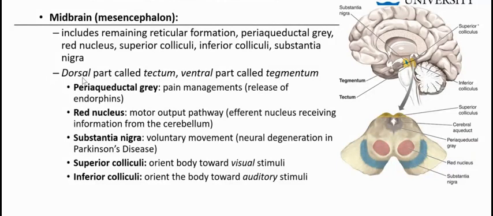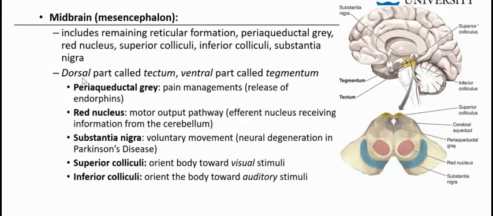Now I just want to talk a little bit about the substantia nigra. I think you guys learned this during the pre-recording. It is associated with Parkinson's disease. So we have neurodegeneration, and when it occurs in the substantia nigra, you get disturbances in the production of dopamine.